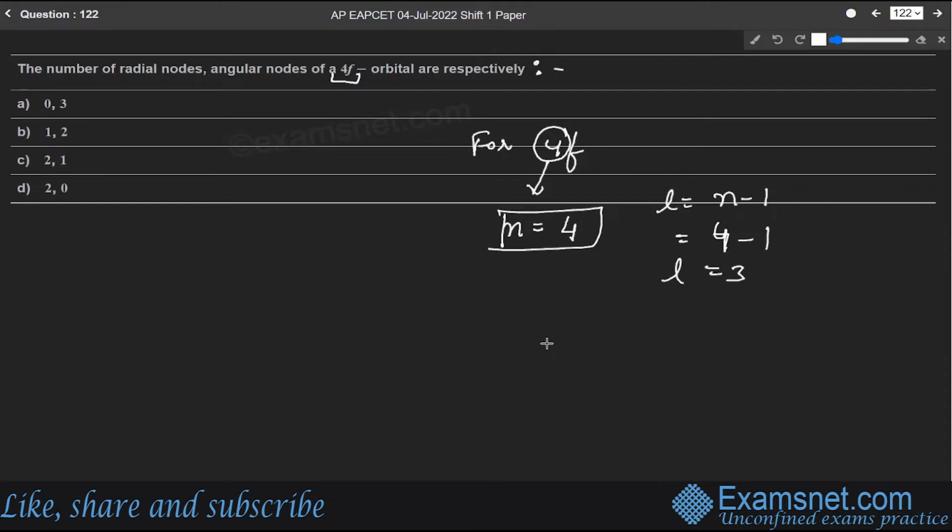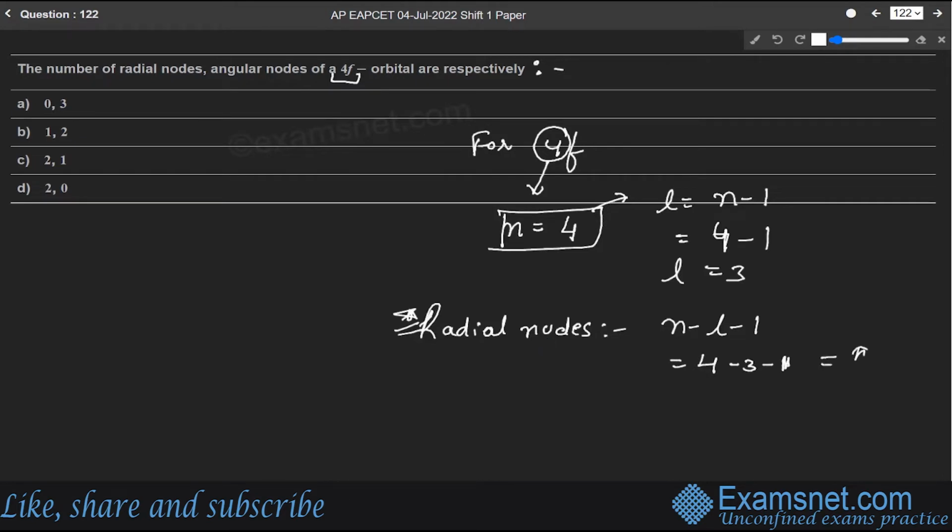That is your l. So what is the formula for radial nodes? Mind my words, this formula is very important, and you can expect 1 to 2 questions. If you're lucky, you would get this question in your upcoming exam. So it is n minus l minus 1. This is the formula for radial nodes. You are already given the principal quantum number, that's 4. You already know l is 3, and 4 minus 3 minus 1 is exactly 0, right?